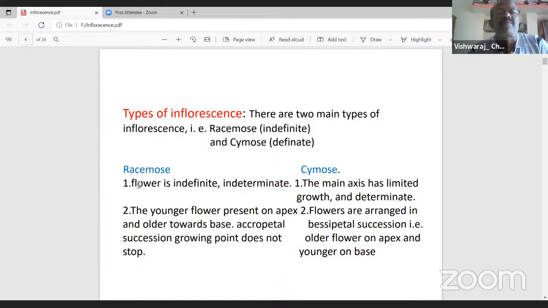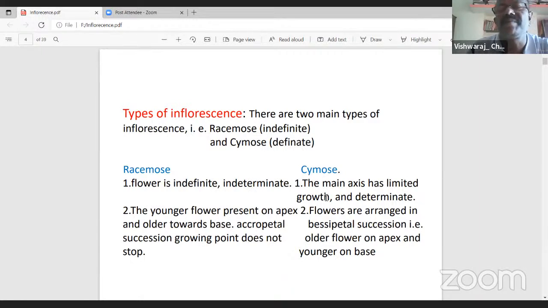Number 1 point, the number of flowers is indefinite. In racemose, the flower number is not definite. We cannot determine how many flowers are on this branch or how many flowers are on one peduncle.